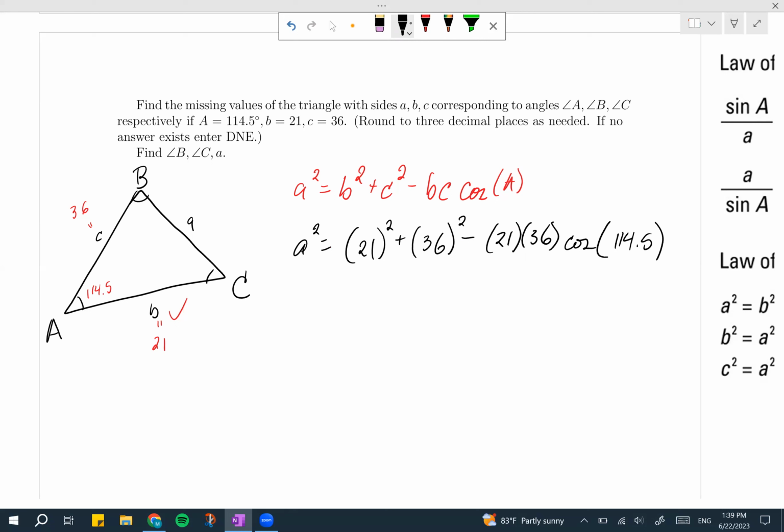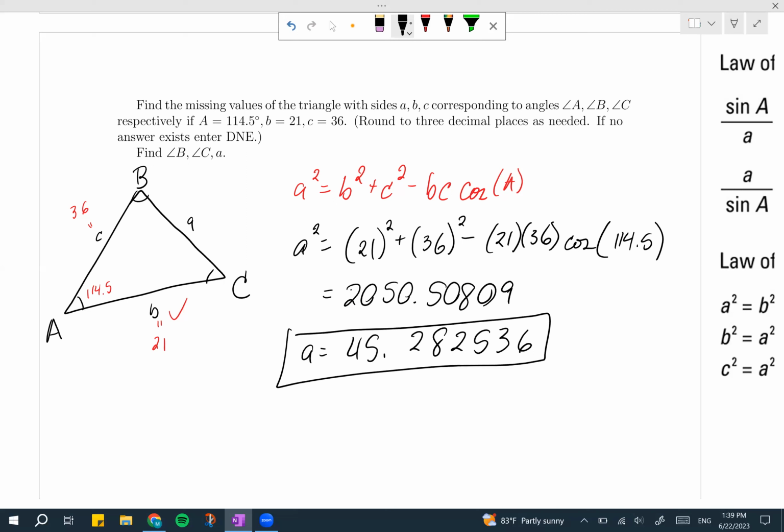And whenever I do that, I get 2050.50809. And I need to take the square root. So I take the square root of that, and I'm going to get little a is equal to 45.282536.